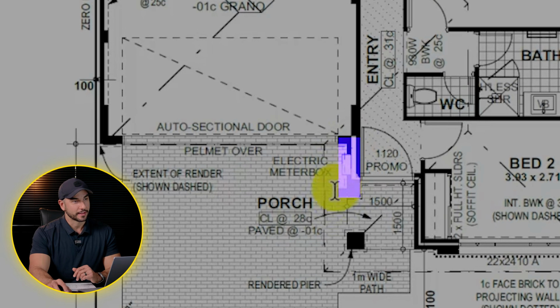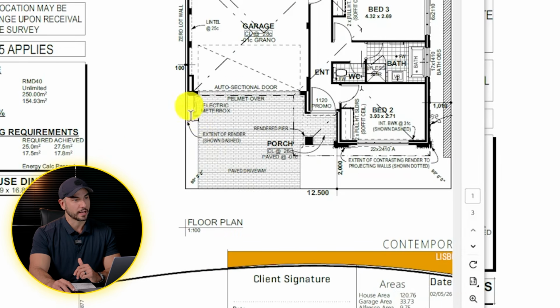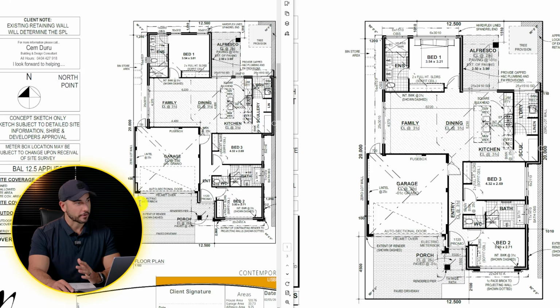So you can see there is the little bit of a lip on this brickwork here. This hides our meter box. Now we don't have to spend anywhere near as much money. It'll be a very minor cost to have this built onto this wall rather than building a brand new wall on this side. So we've saved essentially $2,500, which when your budget is $400K is very, very important.